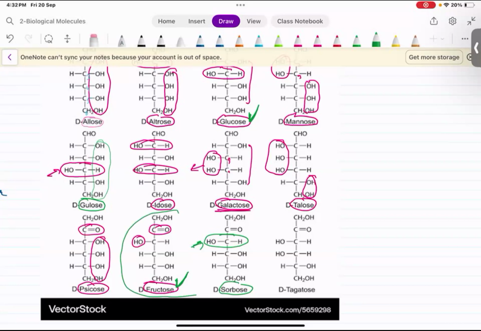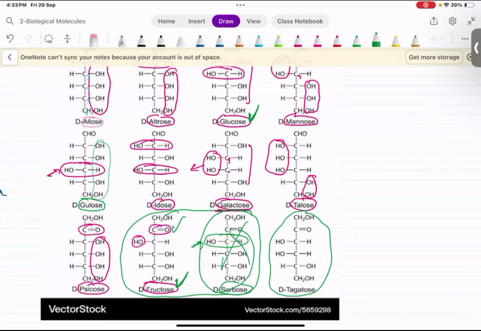Does anyone see the difference here? No. Yes, I think this is written wrong. So there is a difference: the fructose is correct, but the sorbose is written wrong. And tagatose is.